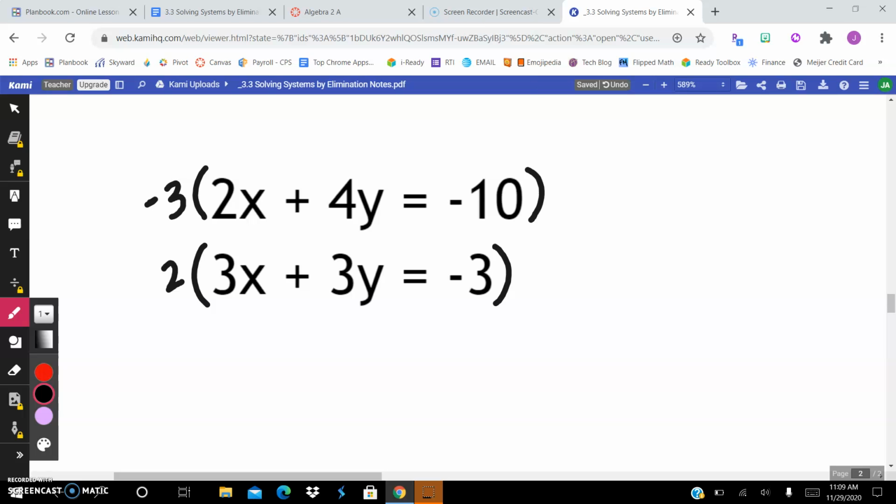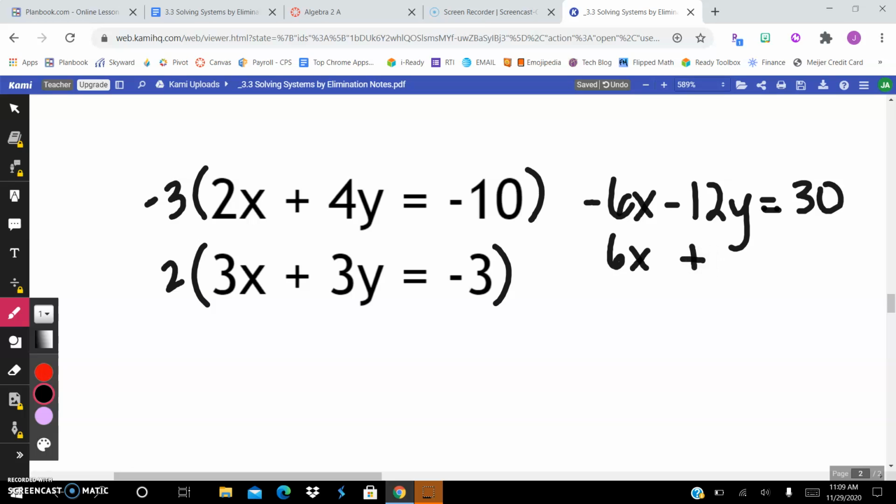So now you're going to multiply everything on the top by negative 3. So we're going to have negative 6x, negative 12y, and a positive 30. For the bottom, we're going to have 6x and 6y, and negative 6 equals negative 6.